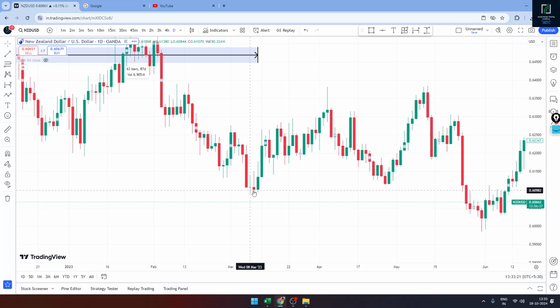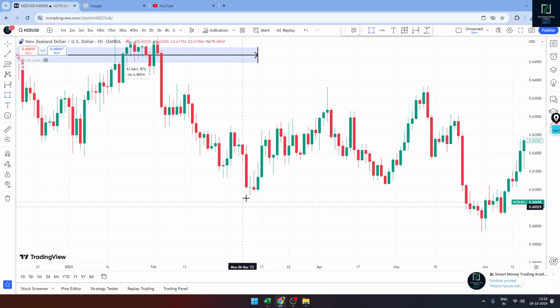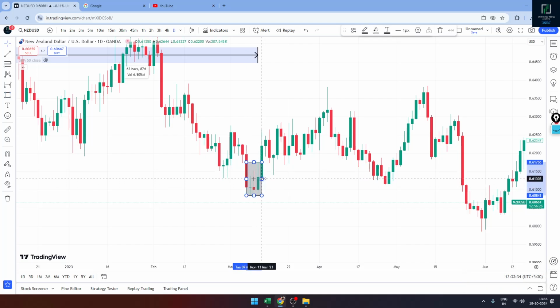You can see the 1, 2, 3 swing point, so this candle is created after the swing point. So you can still consider from that swing low to that candle. Wait for the break and retest. You can buy, or look for a buying opportunity within that candle.